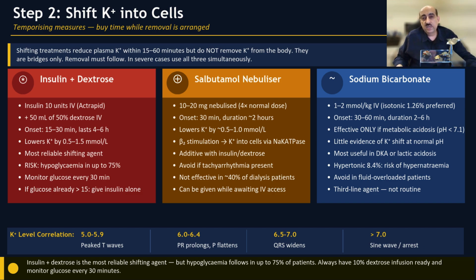But it's only indicated if pH is less than 7.1 or if it's a cardiac arrest situation. It does little to stabilize potassium at a normal pH level. So again, it's in severe acidosis, and it's usually useful in DKA and lactic acidosis, but the hypertonic concentration of sodium bicarb should definitely be avoided in normal ward situations.